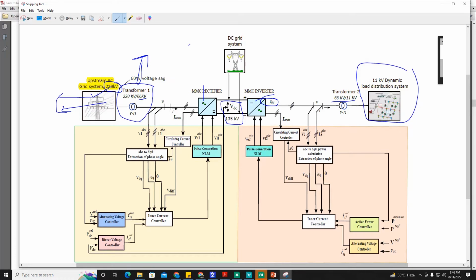All right. Now this rectifier station consists of two outer control loops. This rectifier station is mainly responsible for controlling the DC voltage, VDC. In this case, the reference DC voltage is 135 kilovolt.